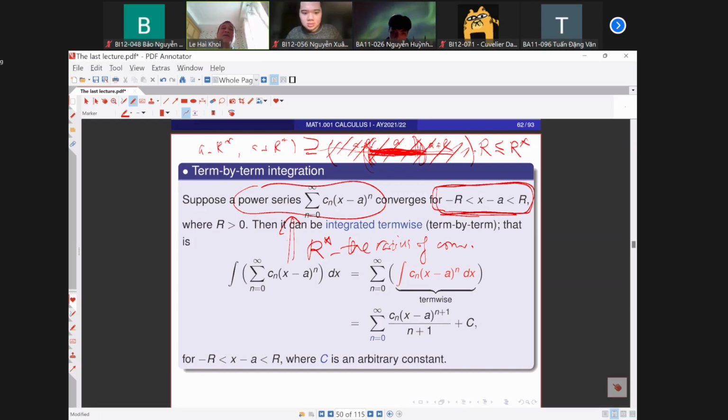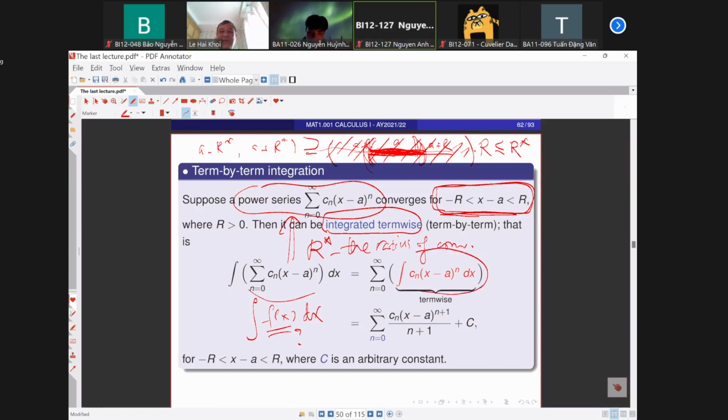Okay, so for that one, the same as differentiation, you can integrate this power series term by term, which means when you want to take the integral of the sum, instead of finding what f(x) is, you may take the integral of each term and sum up.